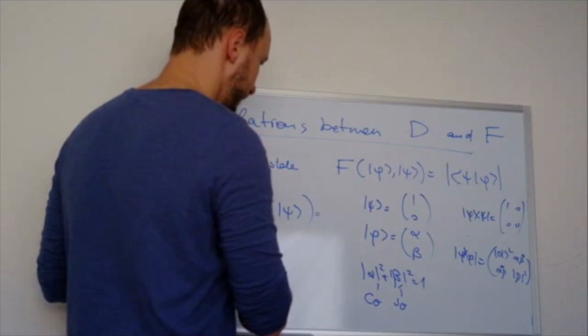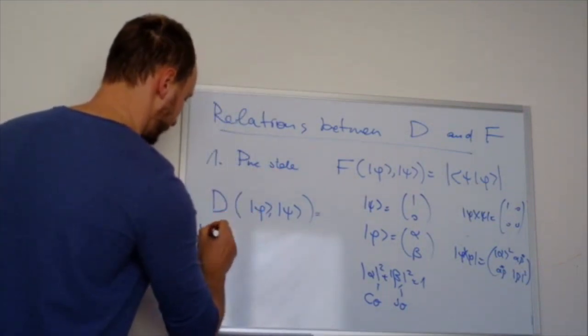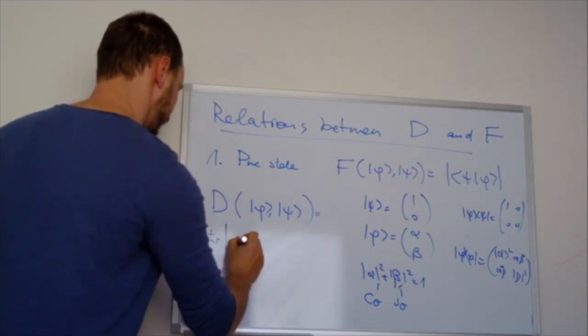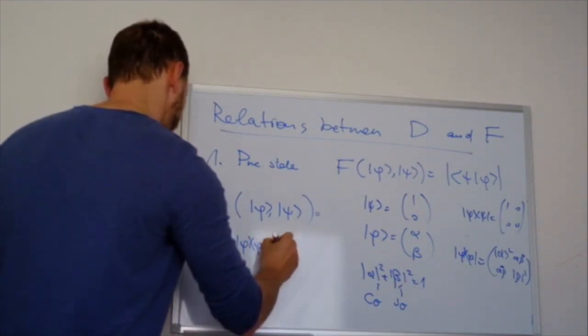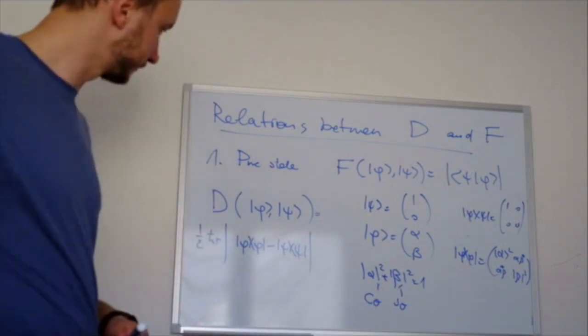So the trace distance, by definition, is just 1/2, if you remember, the trace of the absolute value of the difference of the states, the density matrices. Okay.